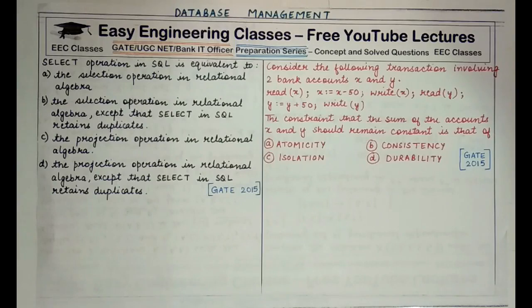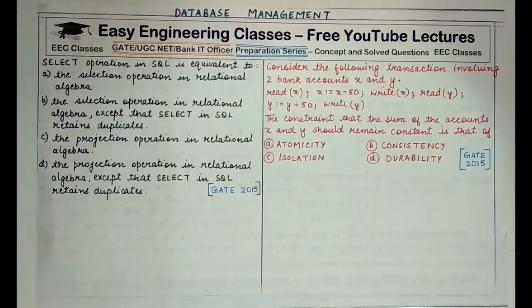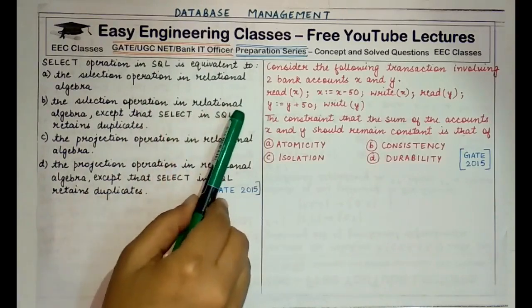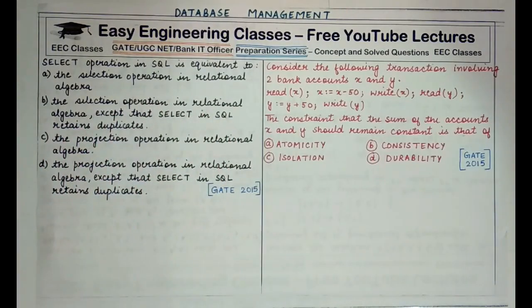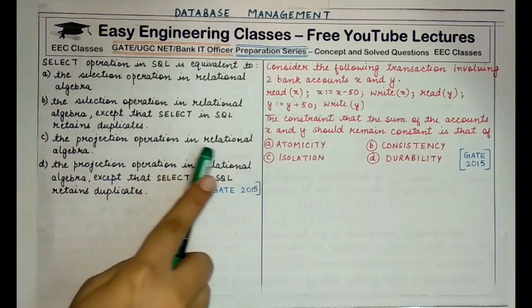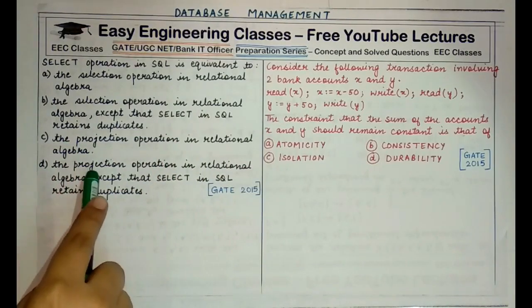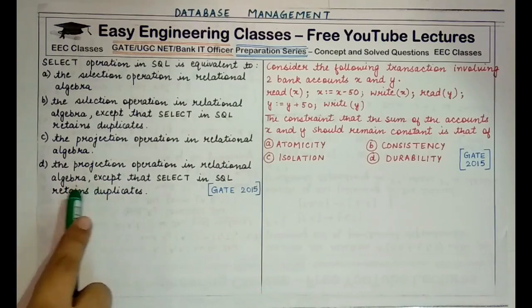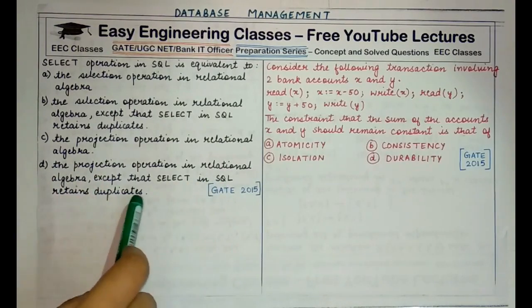So starting with the first question, select operation in SQL is equivalent to, and the options are the selection operation in relational algebra, the selection operation in relational algebra except that the select in SQL retains duplicates. The third is the projection operation in relational algebra, and the last option is the projection operation in relational algebra except that the select in SQL retains duplicates.